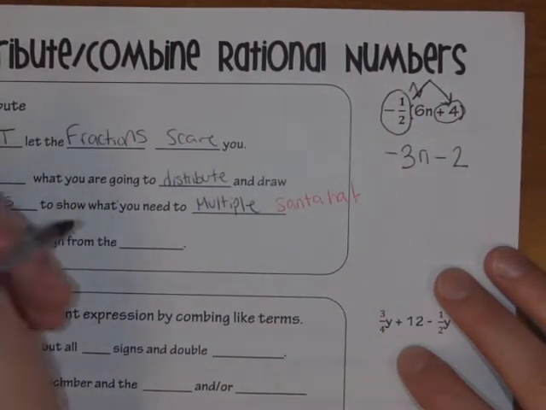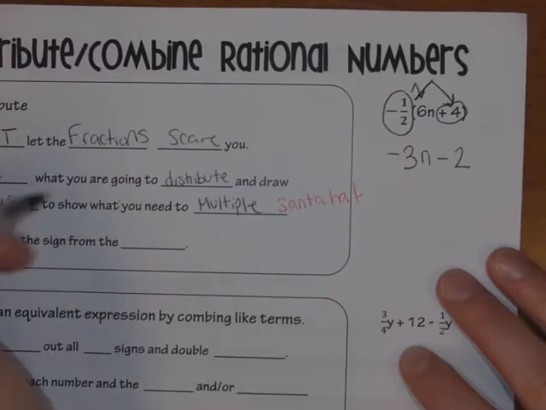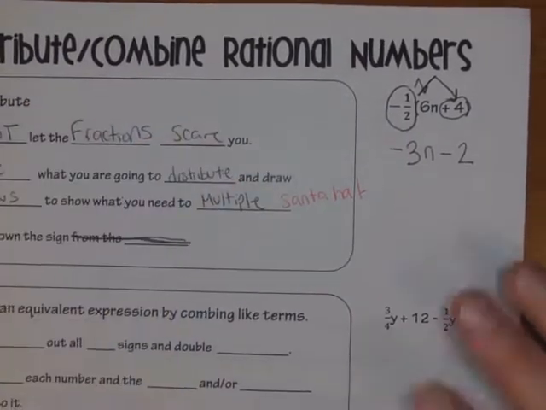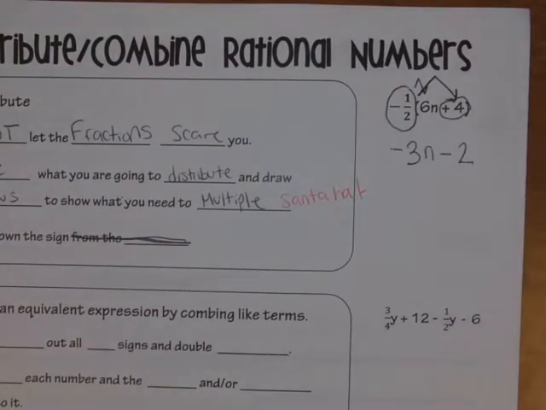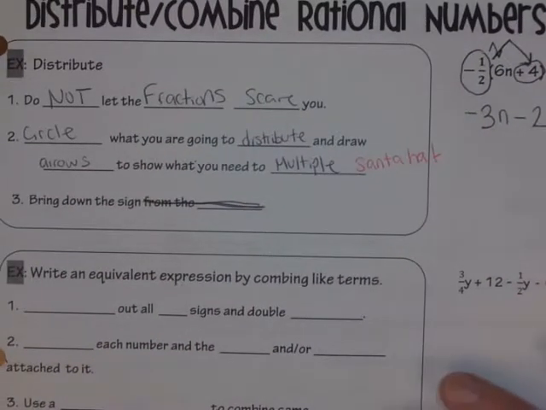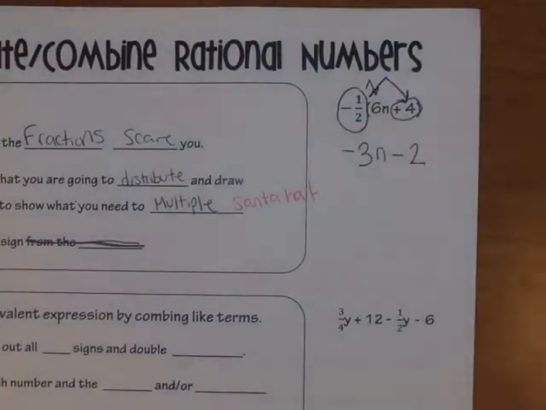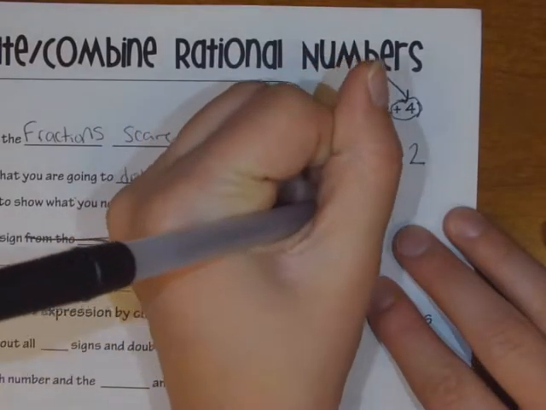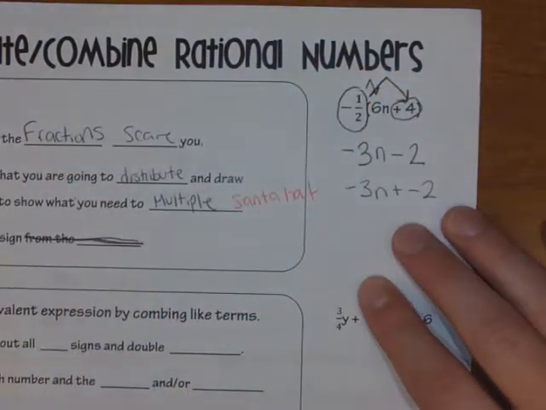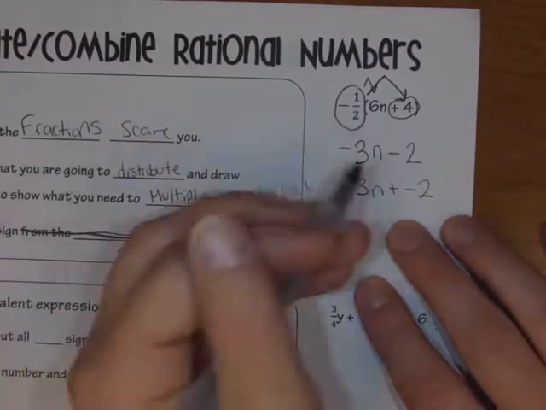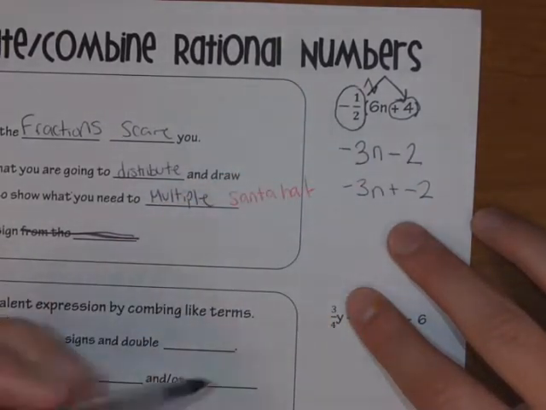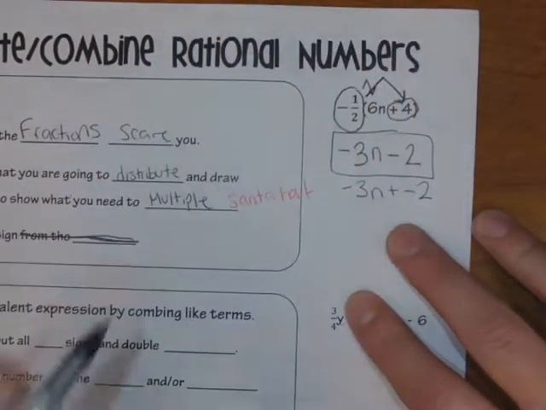Okay, and then you need to bring the sign down. Bring down the sign. Okay. Cross that off. Bring down the sign. If you chose to bring down the positive and you have it negative 3n plus negative 2, that's fine too. It's the same thing. Either way, that 2 is a negative and that 3 is negative. I just think this is an easier way of writing it.